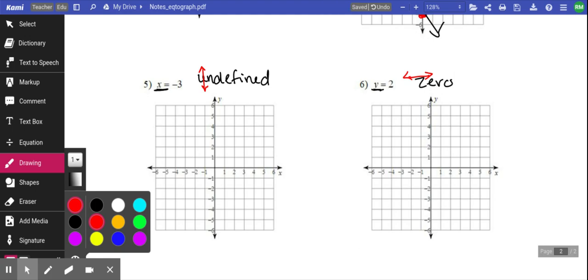So if it says x equals -3, okay, so x equals -3, you're going to find where -3 is on the x-axis. Okay, so we'll find -3 on the x-axis, so that's here.